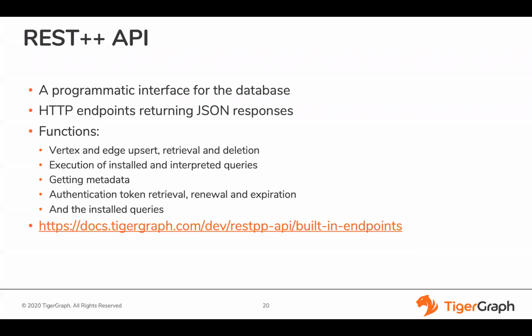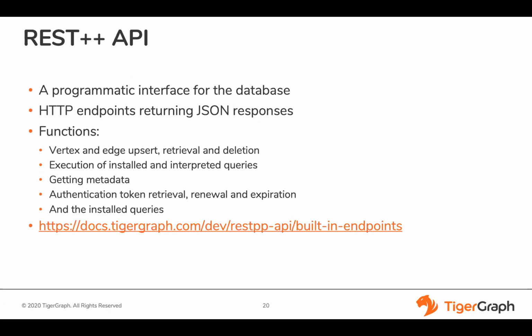As I mentioned earlier, the REST API is a programmatic interface for the database. We provide HTTP endpoints that return JSON responses, and these functions cover a number of things like data manipulation, metadata retrieval, built-in graph algorithms, and so on.